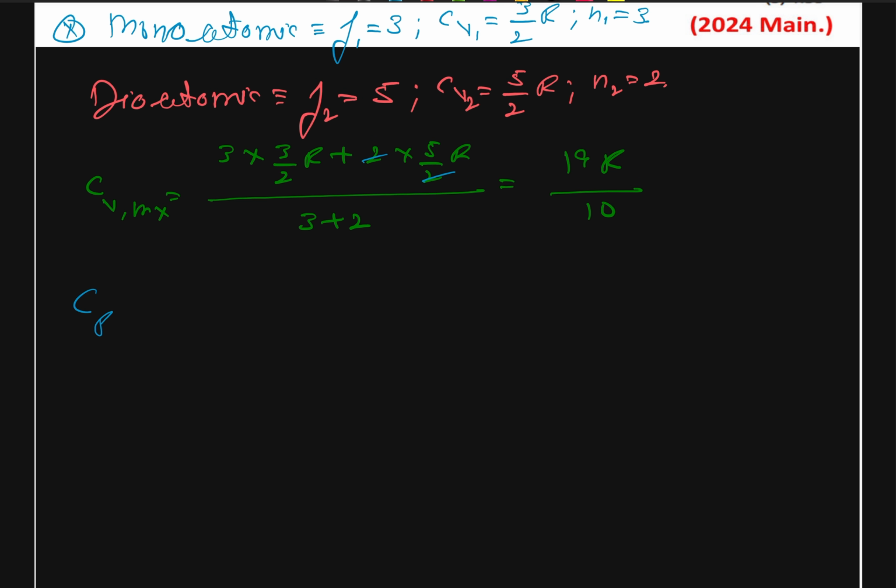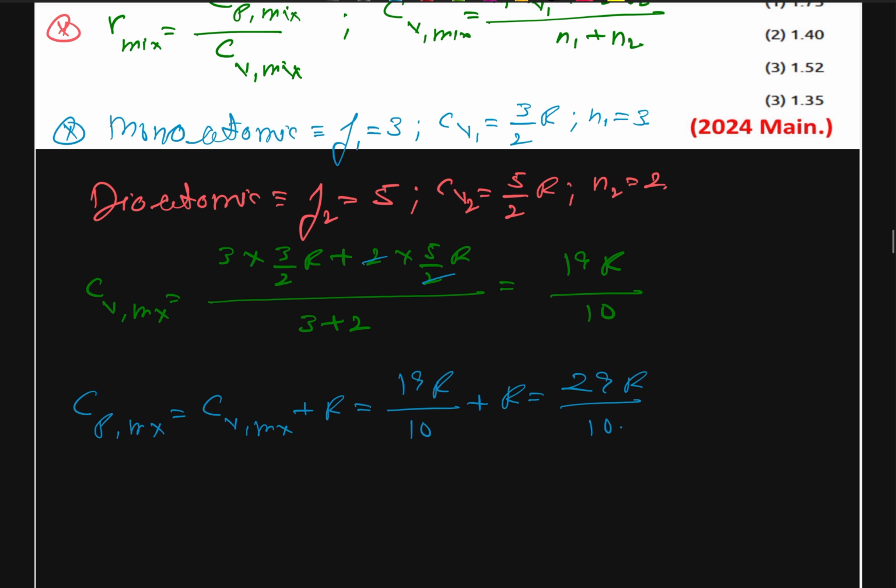C of P of our mix will be equal to C of V of mix plus R. So this comes as 19R by 10 plus R, giving us 29R divided by 10.